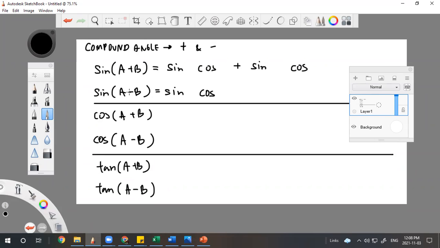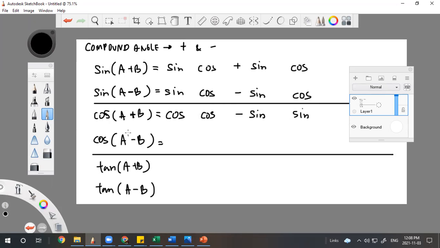And if we have the negative, we do negative sine cos. And cos is always egoist, cos is always make their own team. So cos first, and then if it is plus, it is always opposing the sign, minus sine.